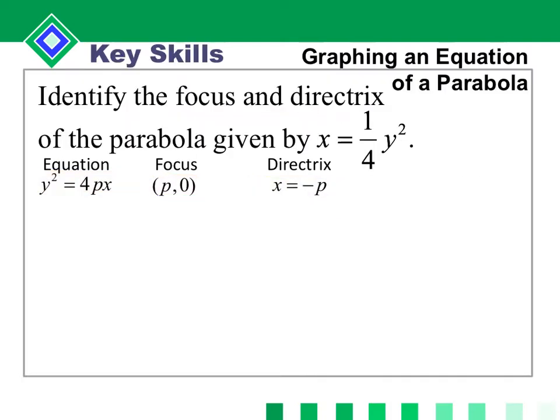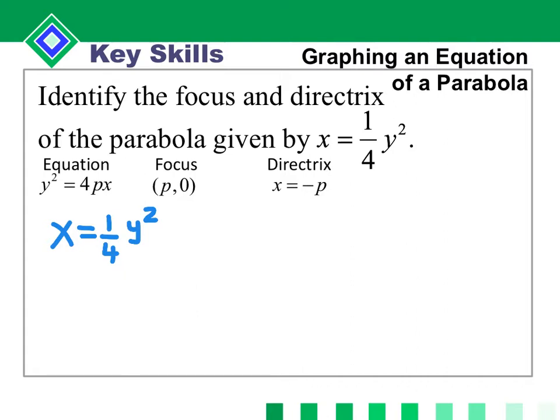Here we're going to do some examples. We start with the equation given here: x equals 1 over 4 y squared.